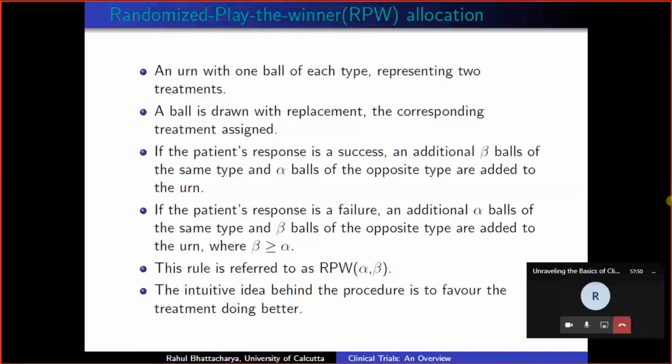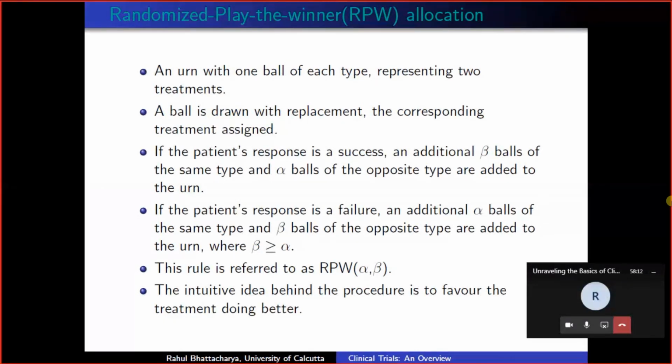That's why you are adding beta balls of the same type, but at the same time you don't underrepresent the other treatment, because for this patient this treatment is doing better, but for some other patient the other treatment may do better. So for this patient, if the response is a success, additional beta balls of the same type are added and alpha balls of the opposite type are added to the urn.